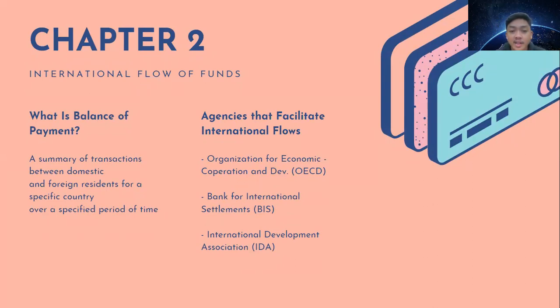And for agency that facilitate international flows are Organization for Economic Cooperation and Development, or OECD. The second is Bank for International Settlements, and the last is International Development Association, or IDA.